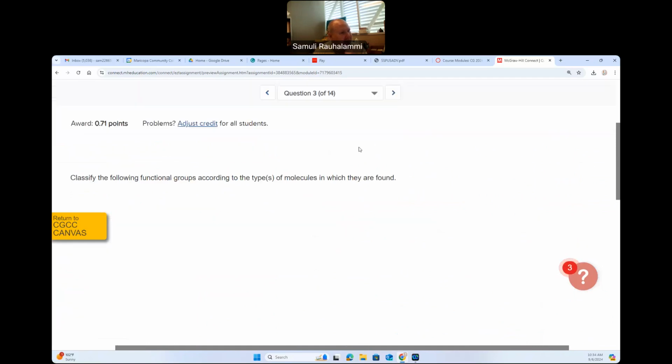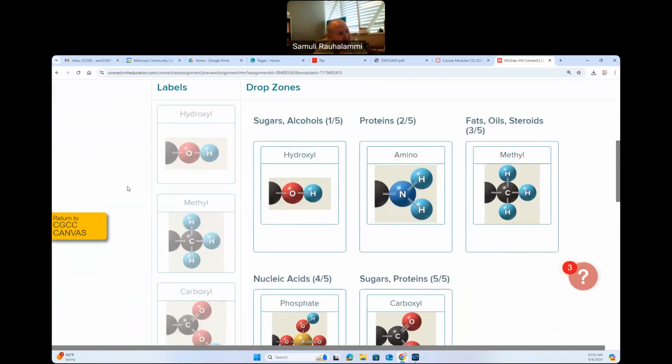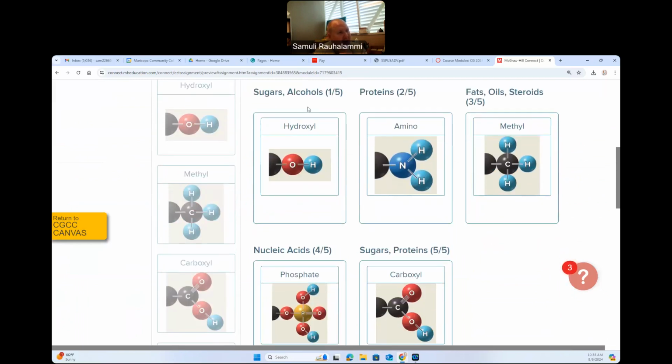Moving onwards, with the next question, we're looking at the functional groups, and I do have a nice handout available for you for the functional groups. So then you're classifying where these different functional groups fall in. We're seeing, for example, sugars and alcohols, it would be hydroxyl groups. For proteins, we see amino groups.